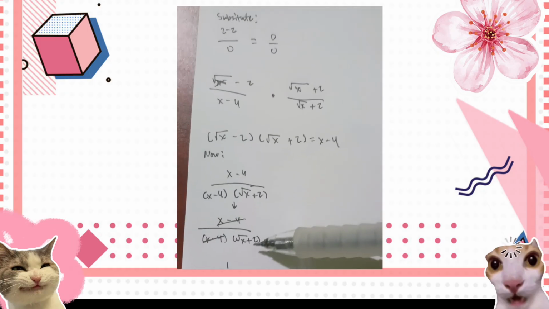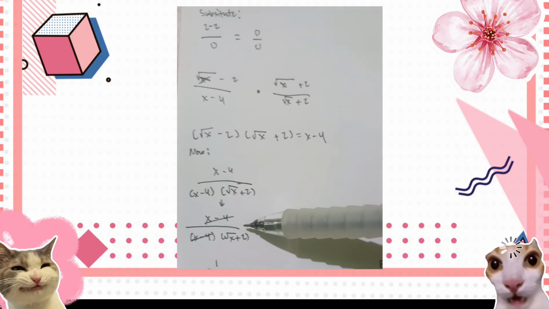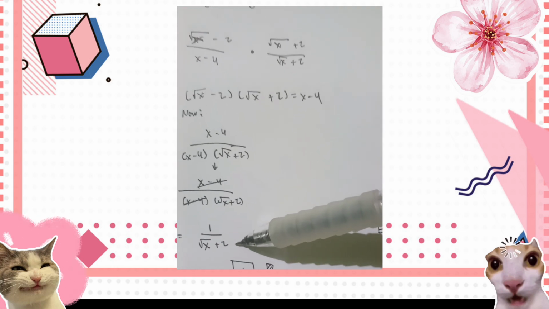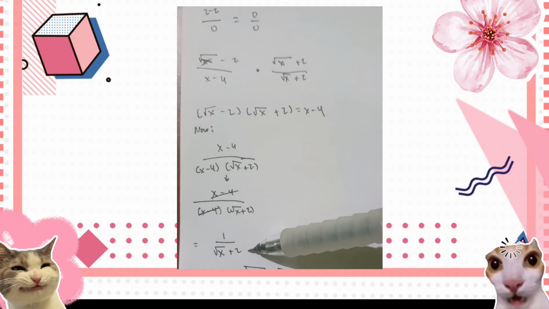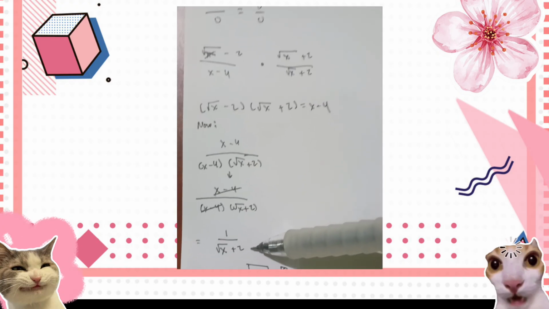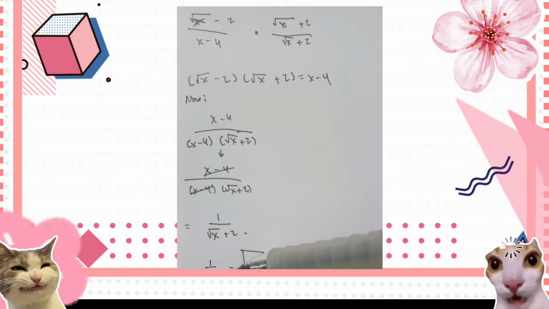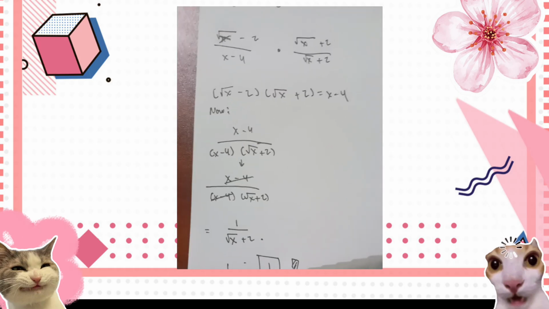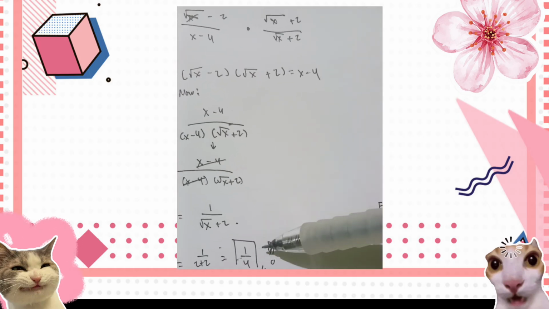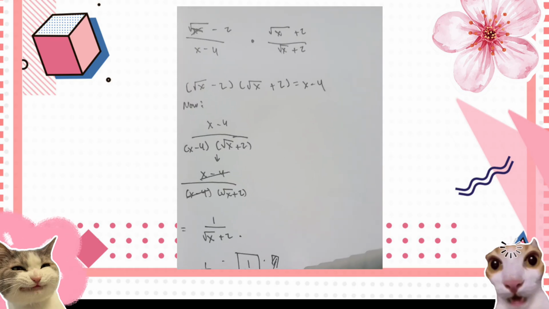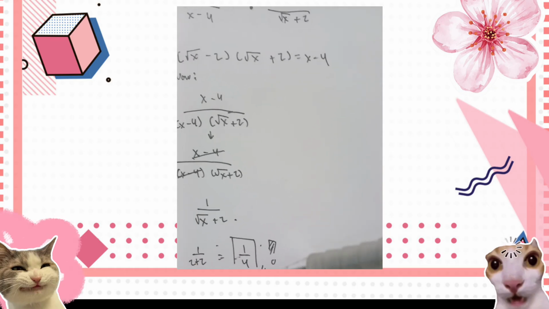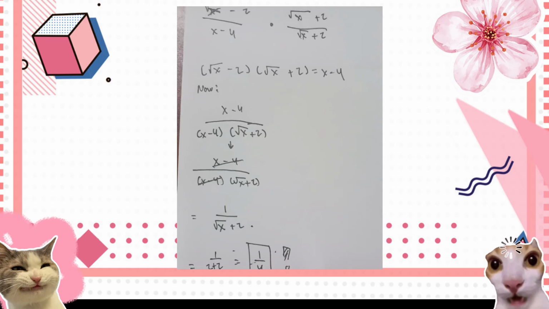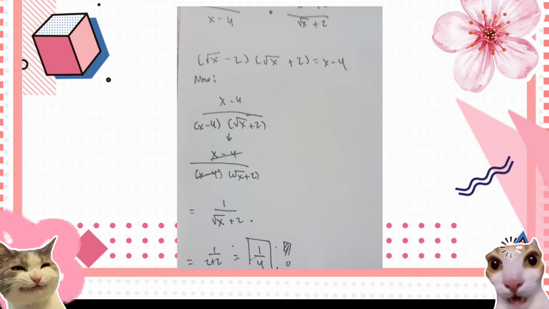Now we cancel x minus 4. We get 1 over square root of x plus 2. Now substitute 4, which equals 1 over 2 plus 2 equals 1 over 4. Final answer is 1 over 4. The conjugate helps eliminate square roots and indeterminate forms.